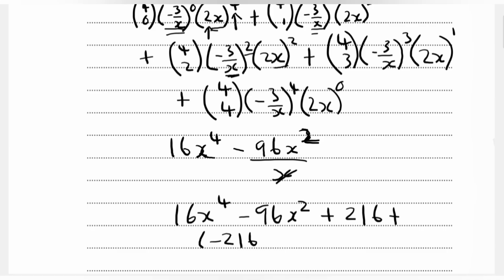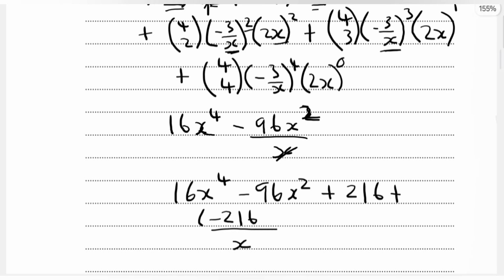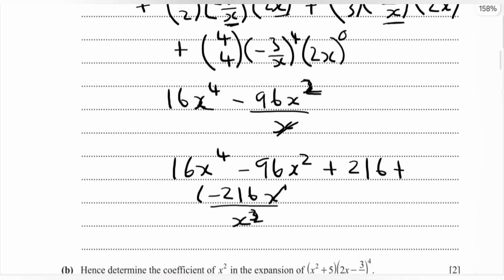So we have minus 216, right? But we have x to the power 3 in the denominator here, and x to the power 1 in the numerator, right? So that is going to leave us with x squared in the denominator there, like this, right?